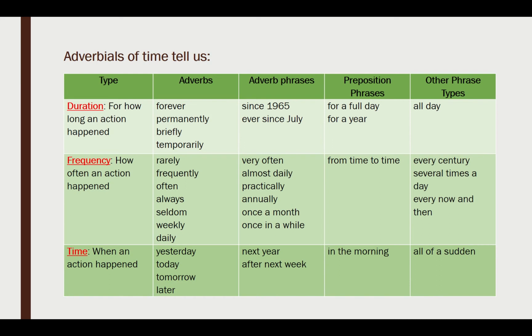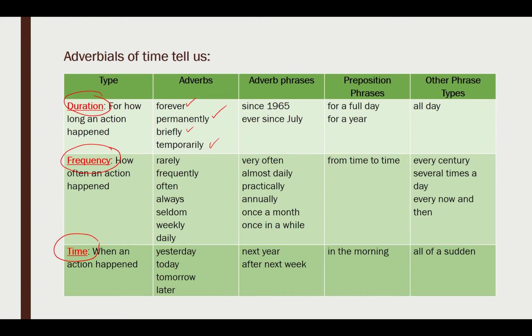Right, for everyone's information, adverbials of time tell us three things. They tell us the duration, the frequency, as well as time. So the words that we can use for each of these types are seen in the table. For instance, for adverbs of duration, we can use words like forever, permanently, briefly, temporarily.